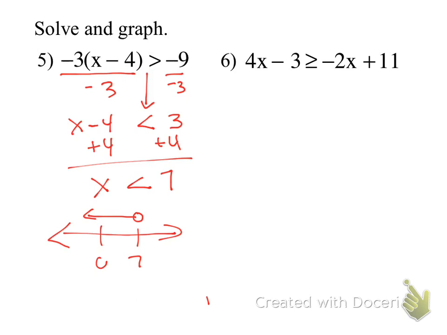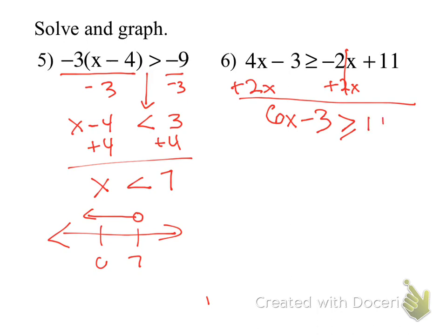Okay, so I would add 2x to both sides to get rid of the negative x right here. So it would be 6x minus 3 is greater than or equal to 11.